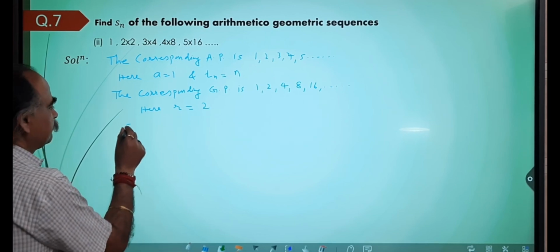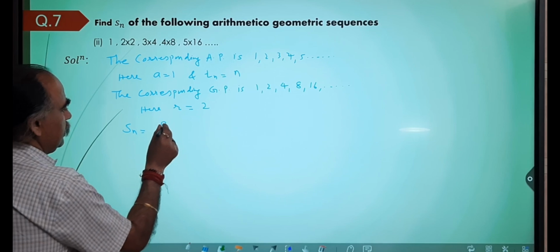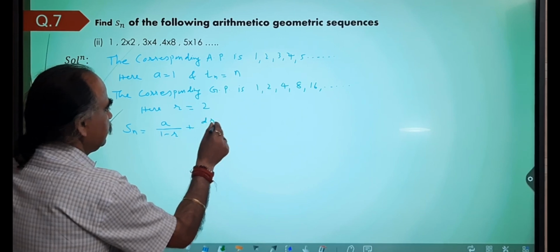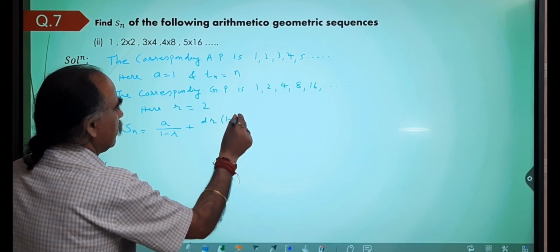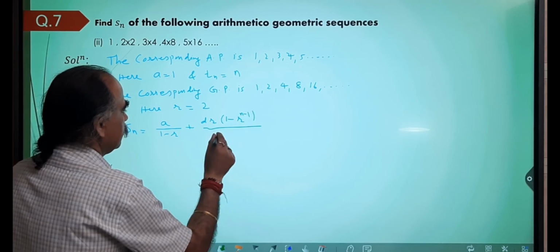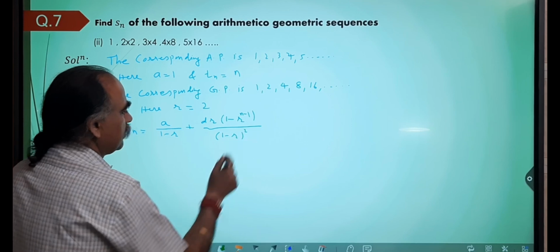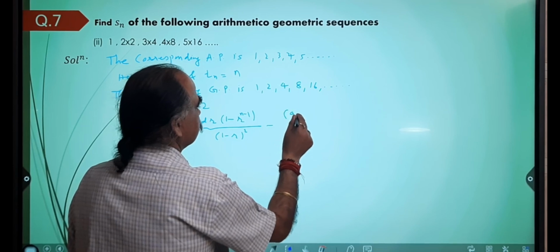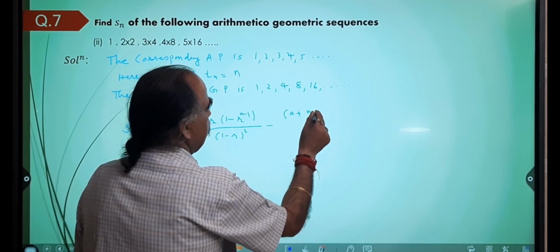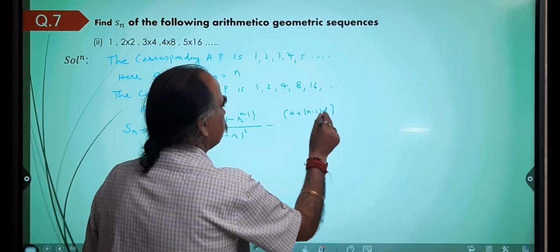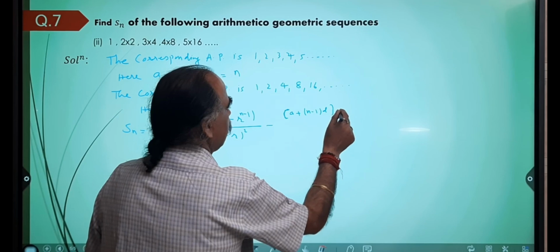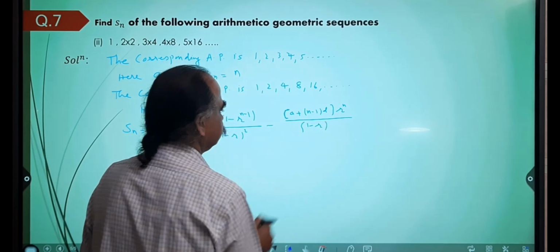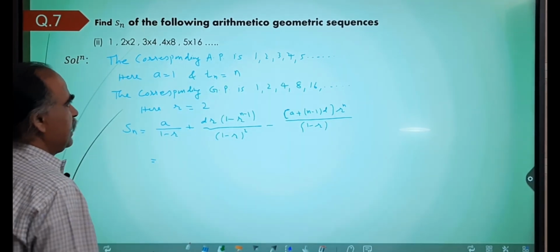So formula for Sn is what? A upon 1 minus R plus D into R into 1 minus R raised to n minus 1 upon 1 minus R the whole square, minus A plus n minus 1 into D into R raised to n upon 1 minus R. A is what?